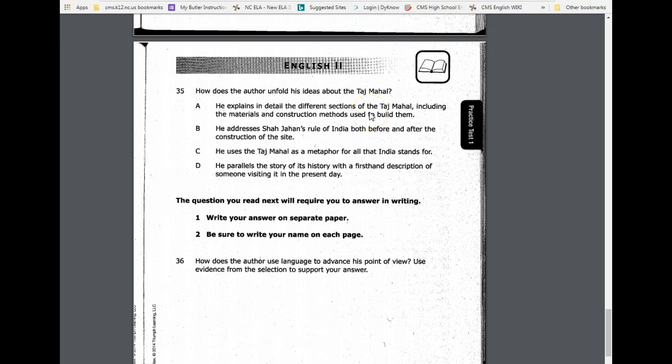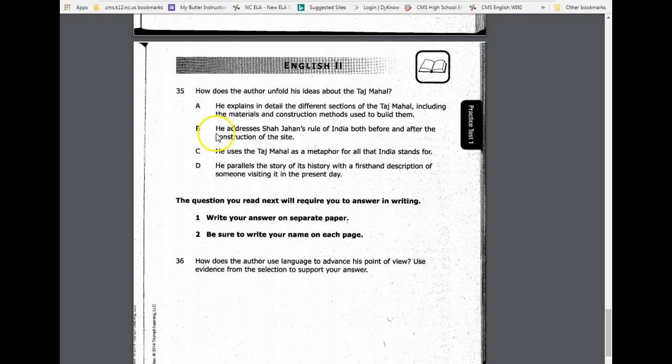That's just not there. There is some information about how the Taj Mahal was constructed, but there's no place in the passage where the author explains in detail the different sections and the materials and construction methods used in those different sections. Okay, I'm starting to get an idea of what this question is about, but let's go on to another answer choice, and that'll help us even more.